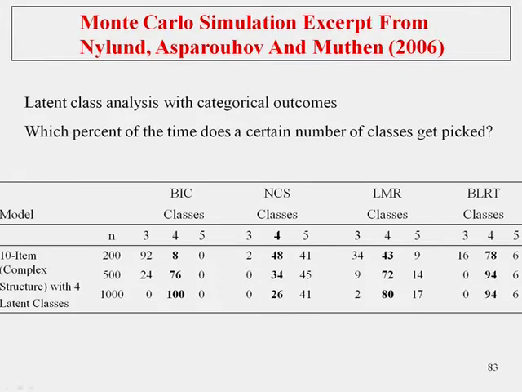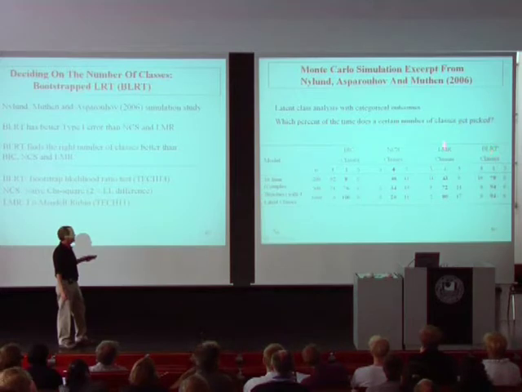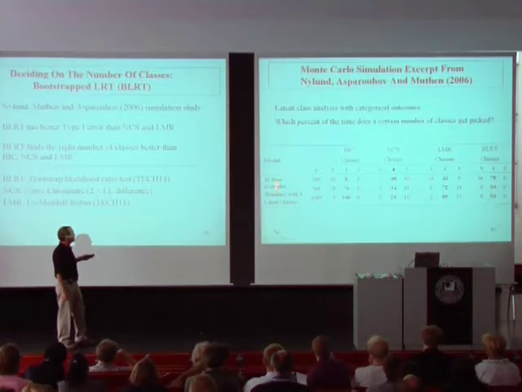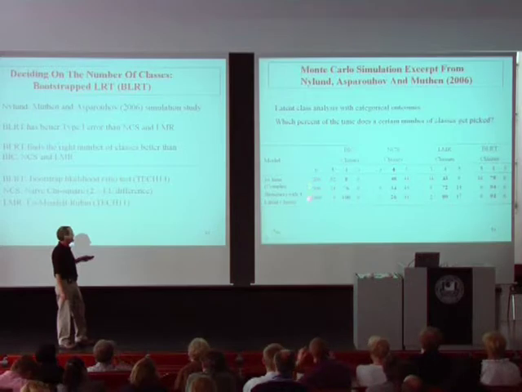So you have the BIC approach, you have the naive chi-square approach, you have Lo-Mendell-Rubin, which is Tech 11, and you have the bootstrap likelihood ratio test, which is Mplus Tech 14. Tech 14, Tech 11. And you have a 10-item complex 4-class latent class model. And the 3 rows are different sample sizes.